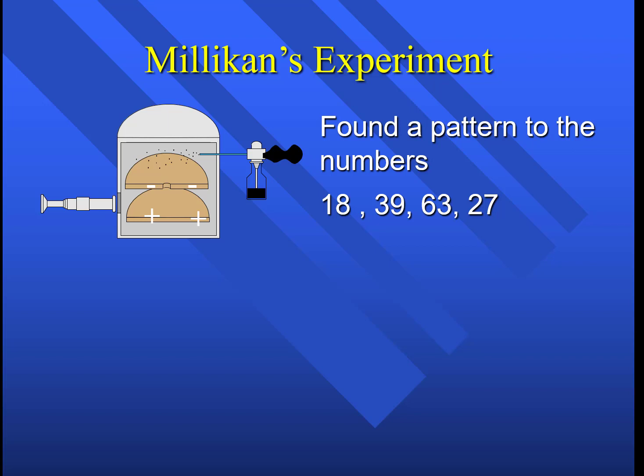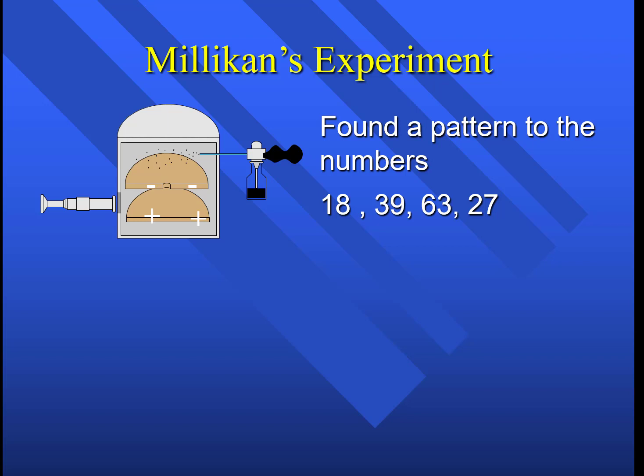Never thought I'd hear math words like greatest common factor anyplace else. So he looked for the greatest common factor in his numbers because he knew he had to have pieces. So that piece had to have a charge. So the common factor would be how big the charge was on one piece, because the oil drop either had to have one of those or two of those, had to lose 1 electron or 2 electrons or 3 electrons or 4 electrons.